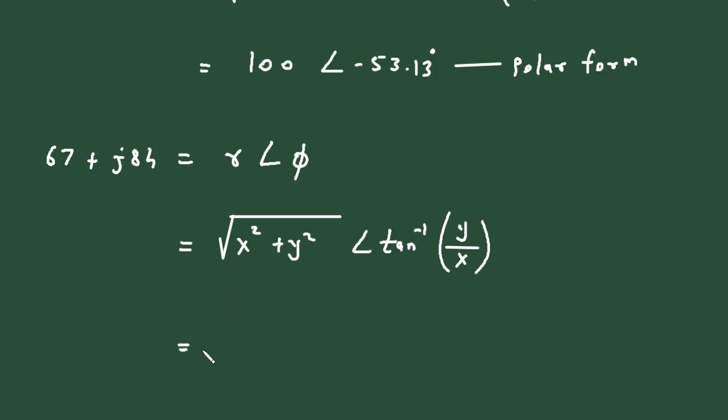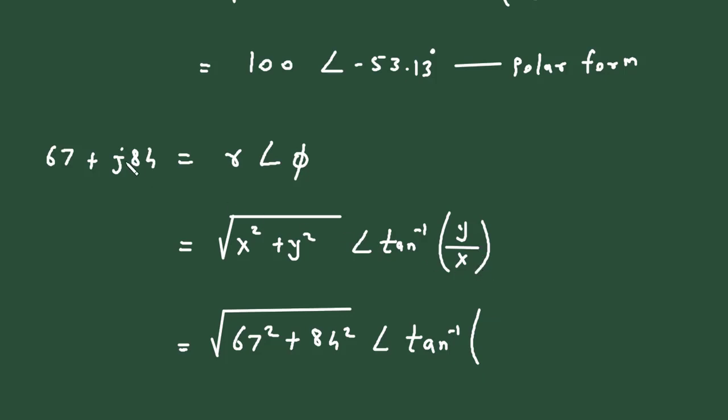So this will be under root of x square means 67 square plus y square means 84 square at an angle tan inverse of y by x. The value of y is 84 and the value of x is 67.